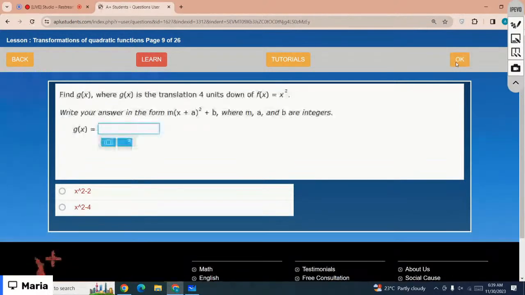Find g of x, where g of x is the translation 4 units down of f of x equals x square. So which is the correct option?